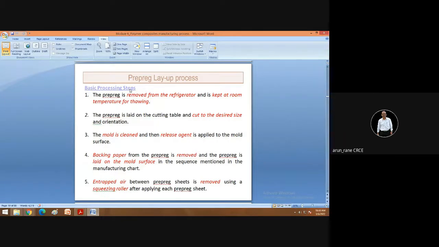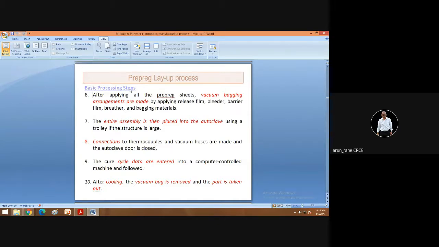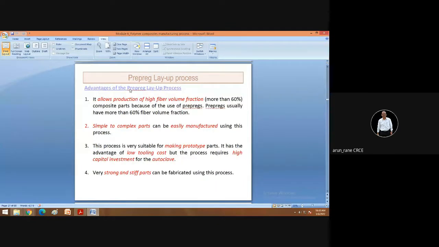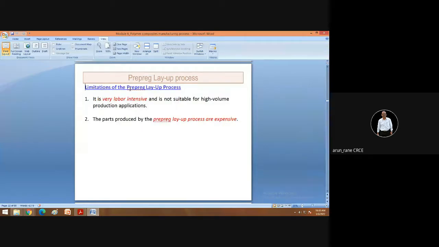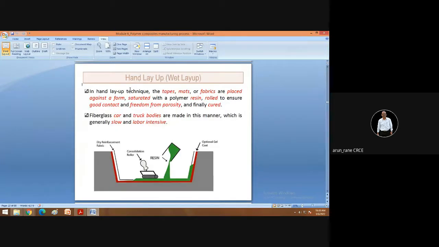Here are some steps, but this you can very well skip. Then hand layup. So this is done manually. That is, you are pouring a resin or thermoset material or thermoplast material, and then with the help of a roller, they are made straight and smooth.